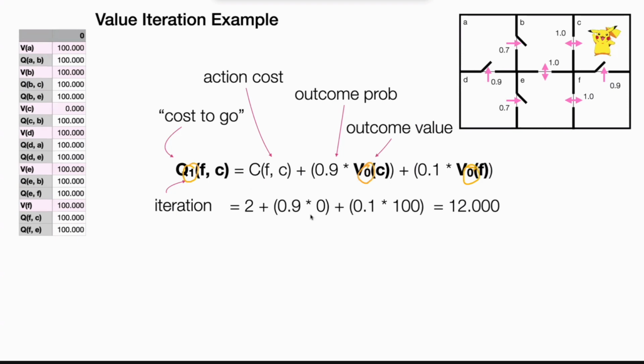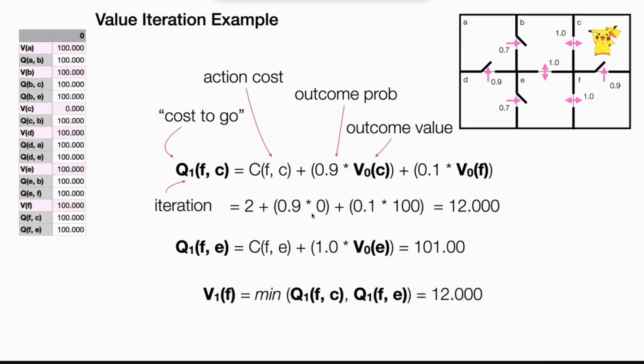That gives us a value of 12. I can do the same for the other action in state F, and then compute the value of F by taking the minimum over those two actions.